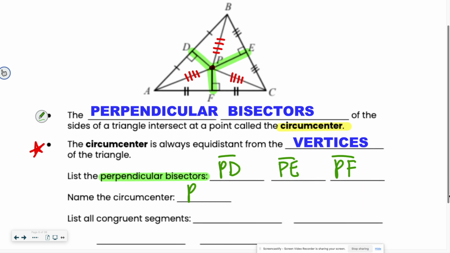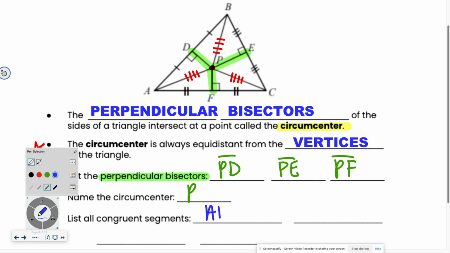Now it wants us to list all the congruent segments, and there's quite a few. So let's just start with one tick mark, and we'll go all the way around. Remember, each side of our triangle is getting cut in half, right? If we look here, our 1 tick marks, that would be AB is congruent to DB.